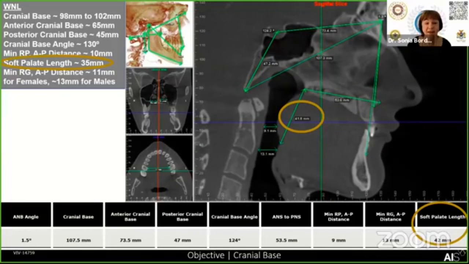His soft palate length is 42 millimeters. That's 7 millimeters above what the average should be. This will be a factor that can be accounting for the obstruction of his airway, and we need to work with the ENT doctor.